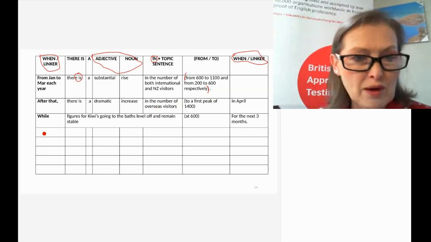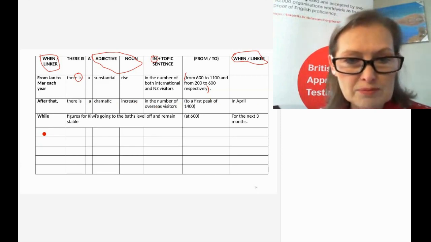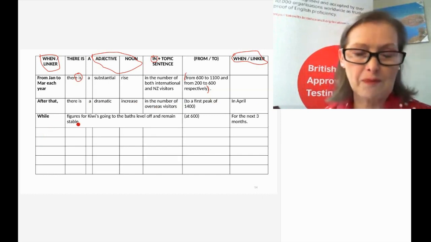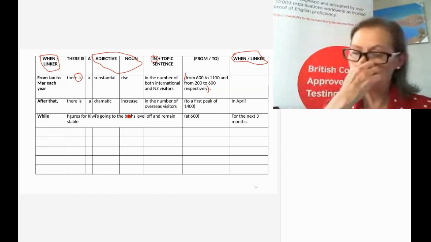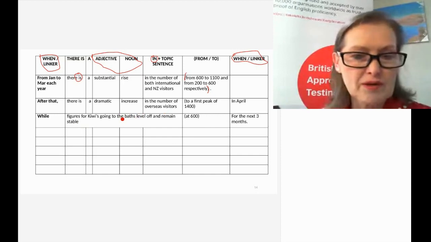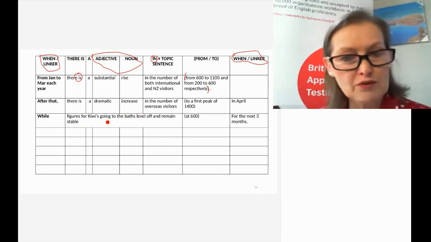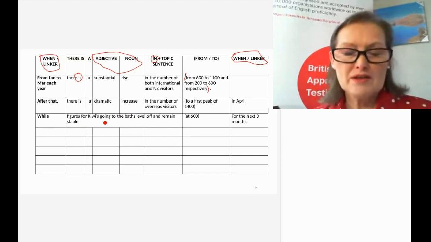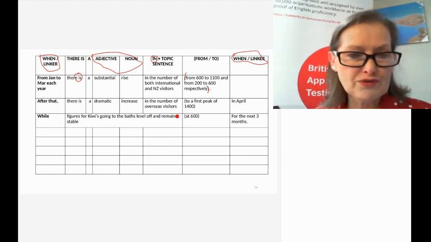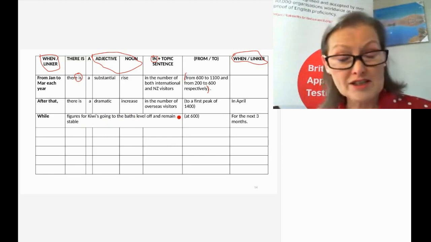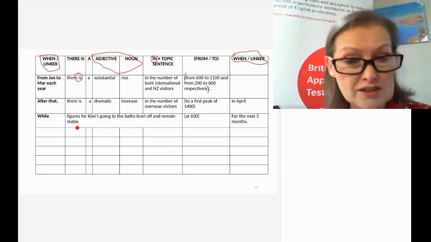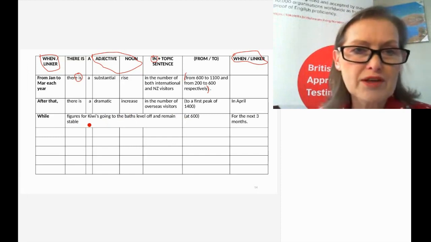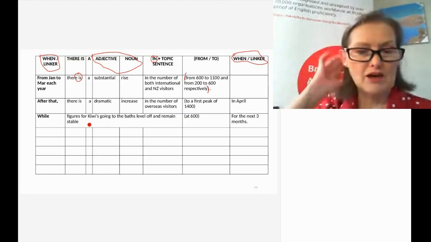So while figures for Kiwis going to the blue bars level off and remain stable, I still need to use my first sentence structure with my verb, and then of course my verb plus adjective, you could say. So level off and remain stable, or level off and remain constant, those words I can't use in my adjective plus noun structure.